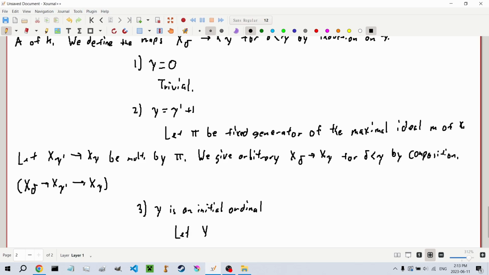We're going to let y gamma be the limit for delta less than gamma of our x delta. So it's a limit of all the smaller spaces.